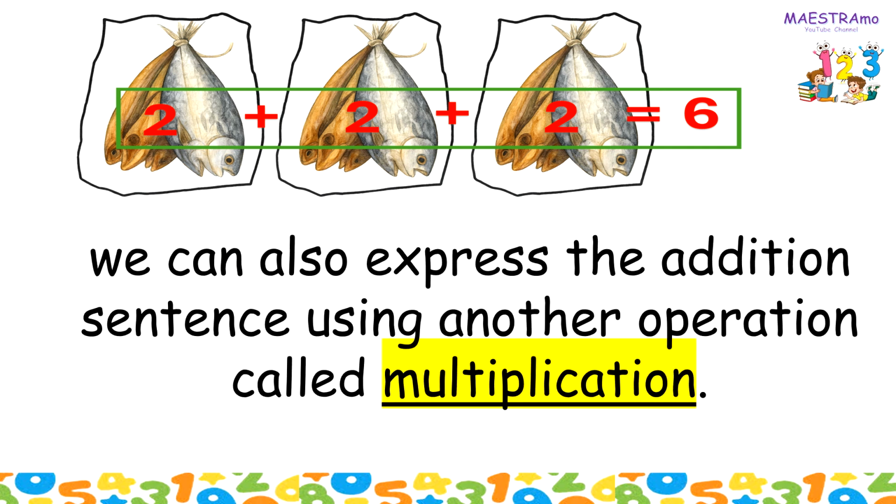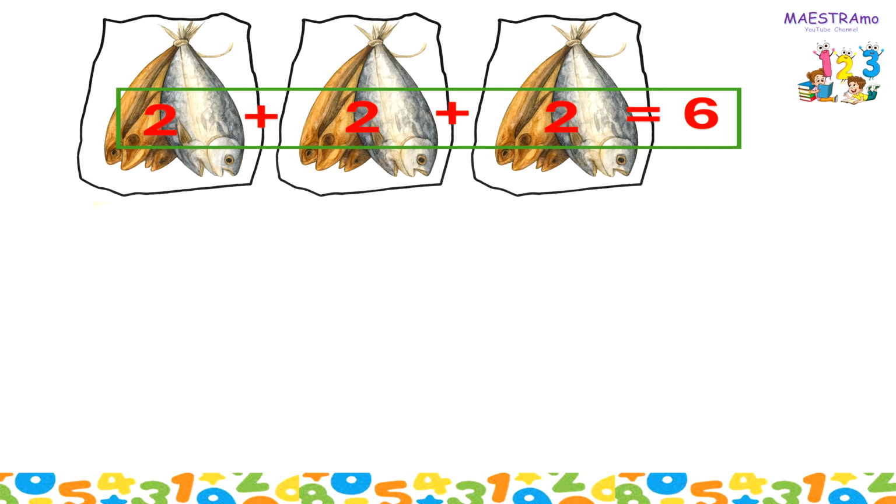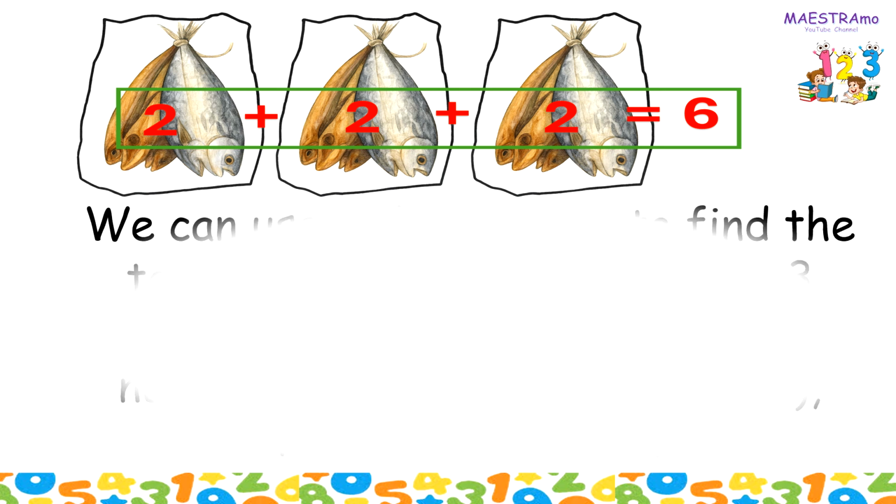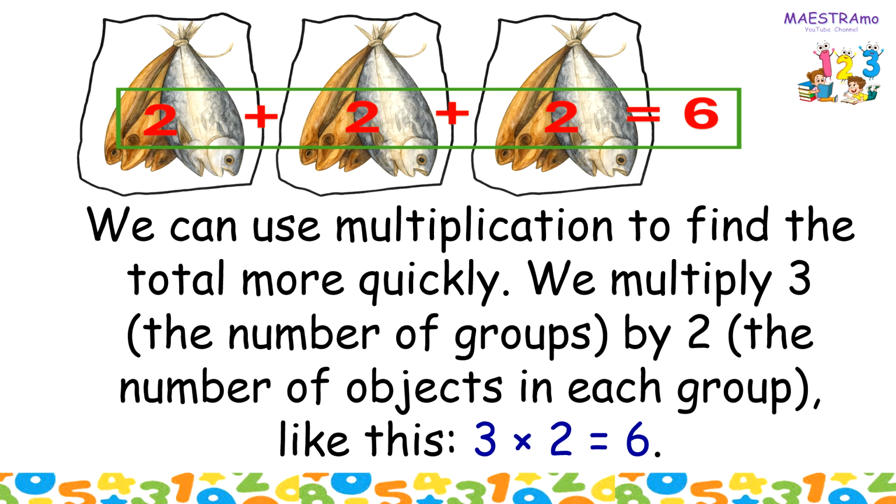We can also express the addition sentence using another operation called multiplication. Multiplication is an operation we use to get a total when there is an equal number of objects in each group. We can use multiplication to find the total more quickly.